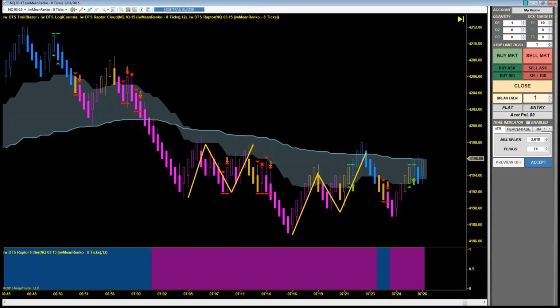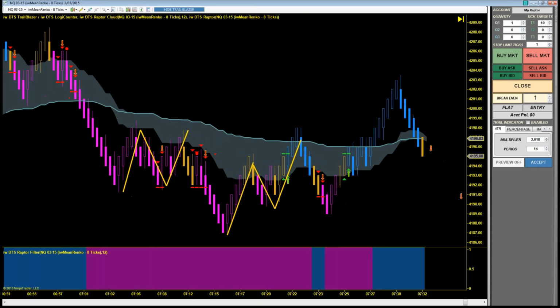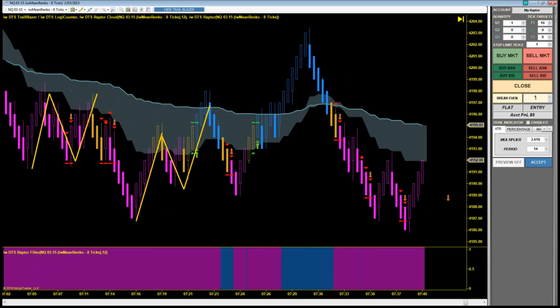And the Raptor did come out. This is not a sell signal because our filter is not in sync. I thought this was going to be a failed signal, but that's not true. This is a slight variation of a double pullback, and you can see here the Raptor came out, was in sync, and actually did reach our profit objective.